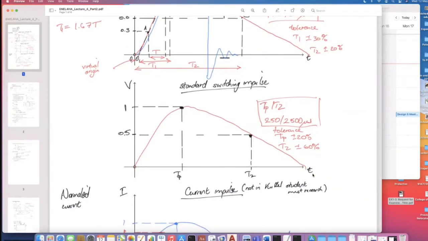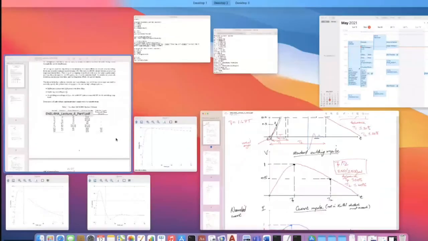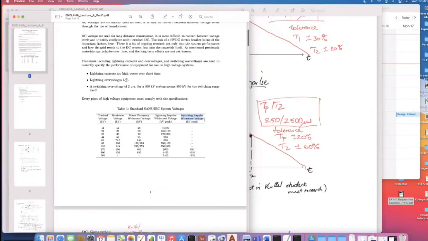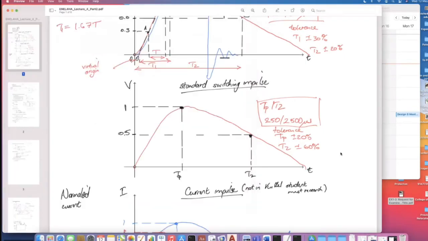Our standard switching impulse, again, if we look at this table, you've got your switching impulse withstand voltage, and it tends to be at the higher system voltages. In this case, we've got T1 or T peak.